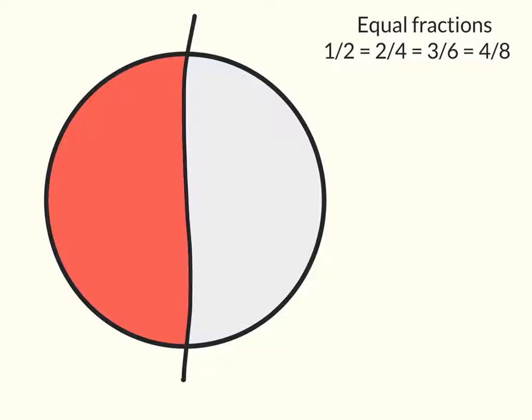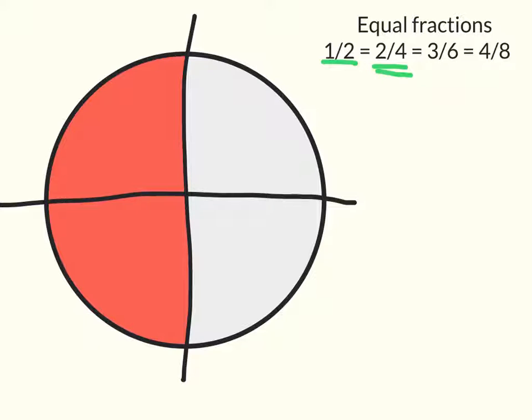Now let's work on 2/4. With 2/4, we have our 2 red pieces, which is our numerator, and we have 4 pieces total. We got that same answer with just an extra line.